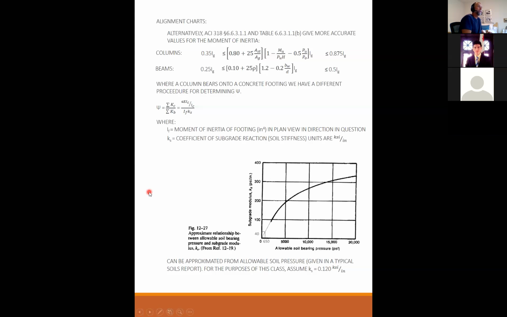So you can approximate K sub S from allowable soil pressure given a typical soils report. For the purposes of this class, you can just assume K sub S is equal to, that's actually 120 PSI per inch or 0.12 KSI per inch.